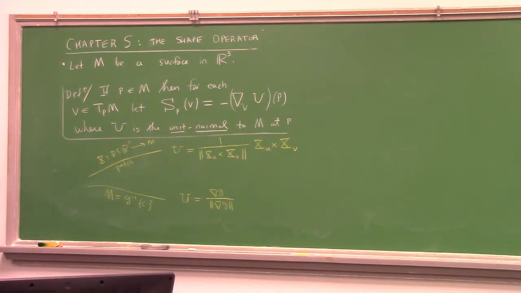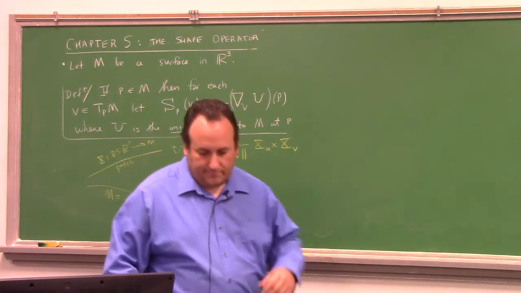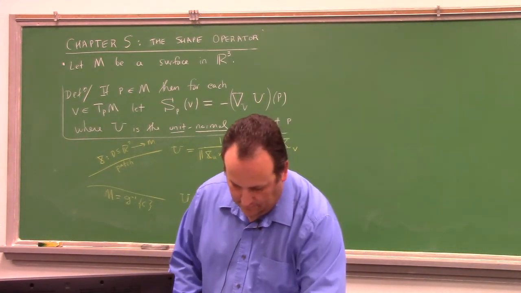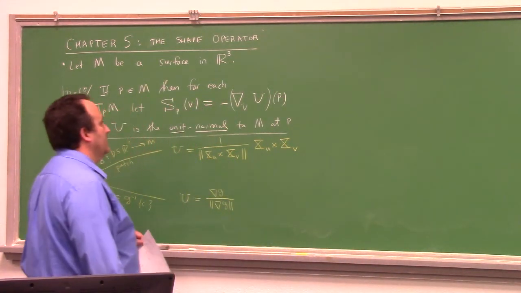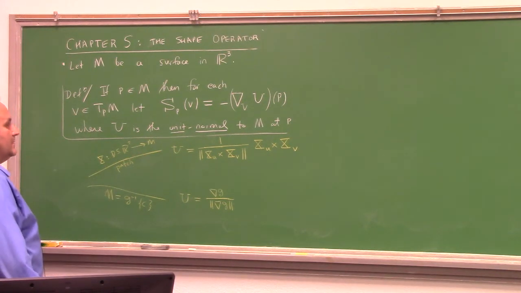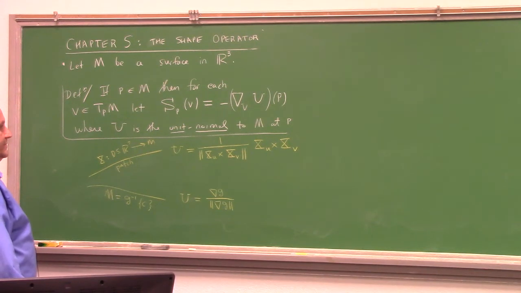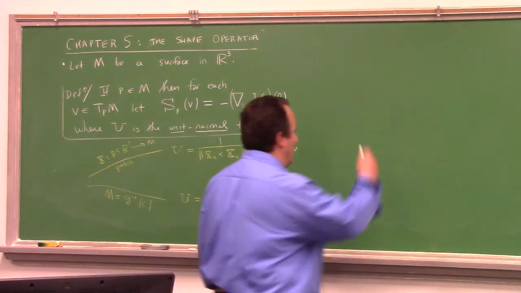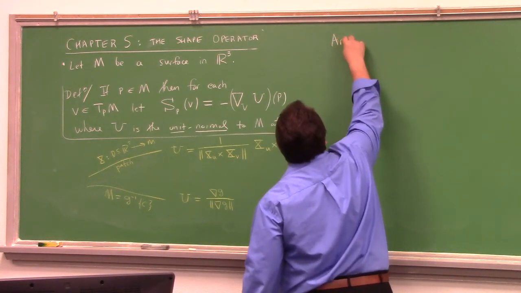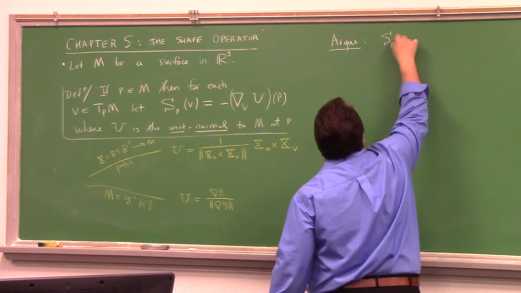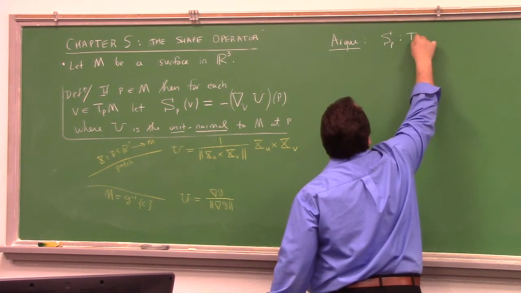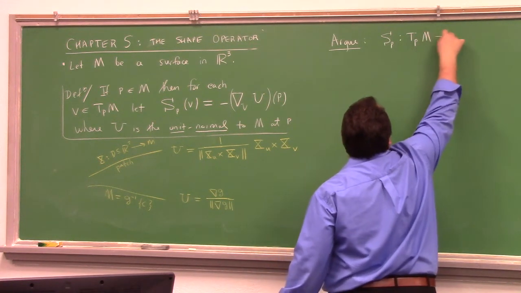So what can we prove about this shape operator? Well, first of all, where is it mapping to? Let's see. I'd like to argue that the shape operator at P is a mapping from the tangent space at P to M to what?